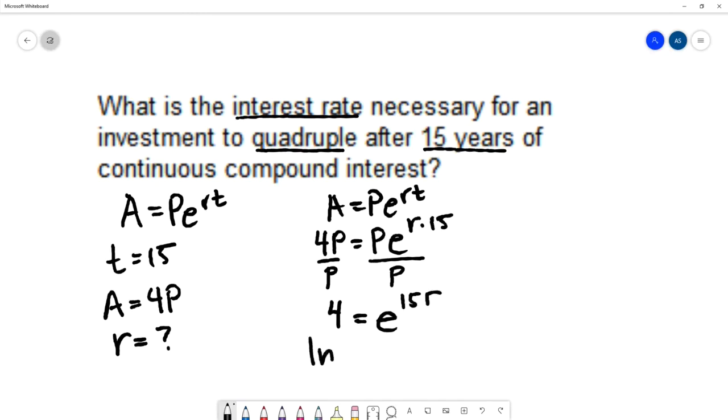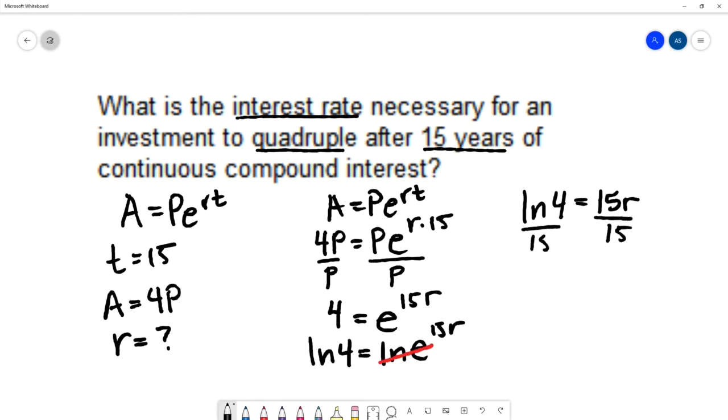I'm going to do the natural log on both sides. Natural log and e are inverses of each other. They cancel, so that gives natural log of 4 equals 15r. I'm going to solve for r by dividing by 15. So we have r is equal to natural log of 4 over 15.